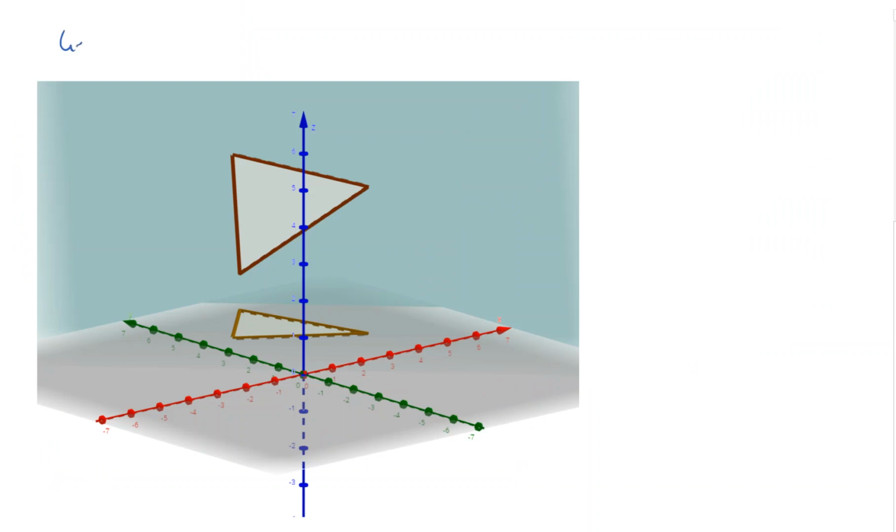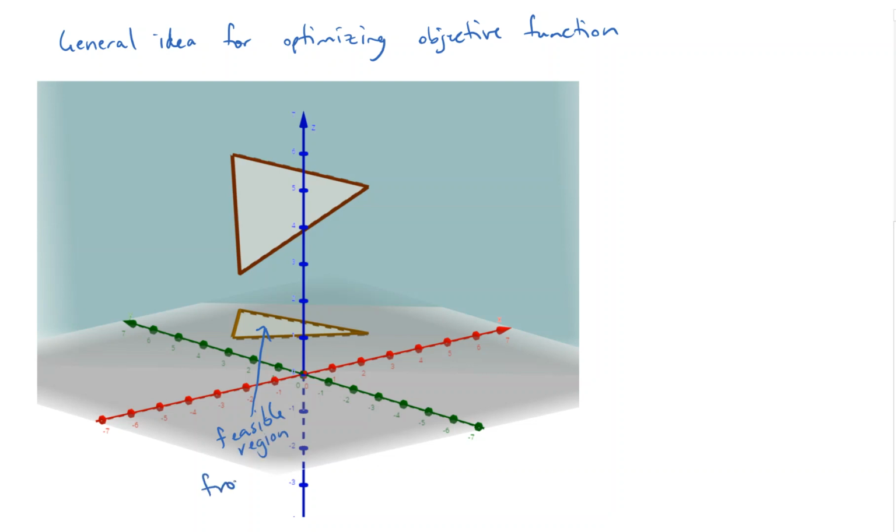Here's the general idea for maximizing or minimizing, or you could say optimizing, an objective function. Okay? So down here at the bottom, you get your feasible region, from the system of inequalities. Okay?